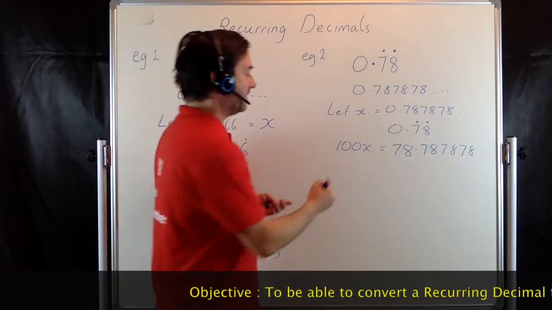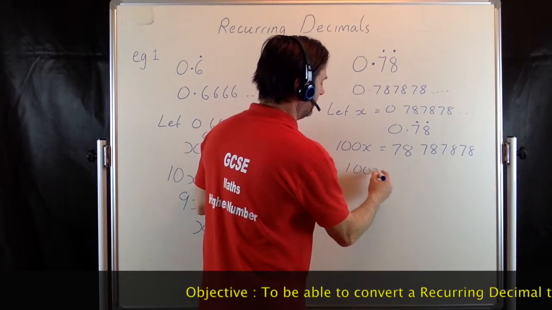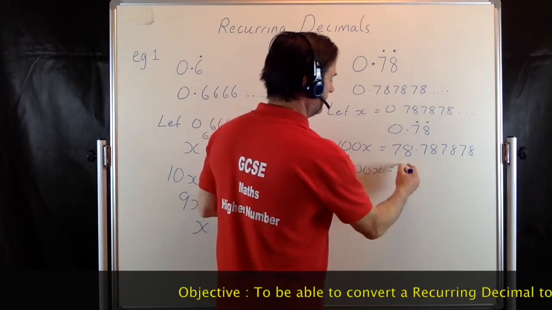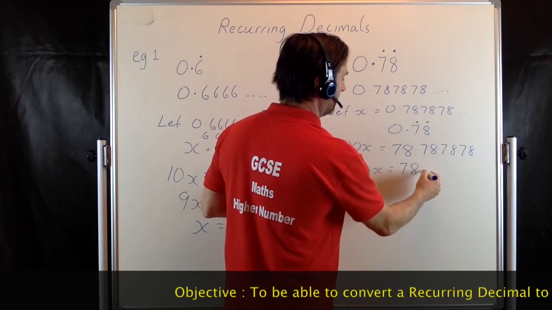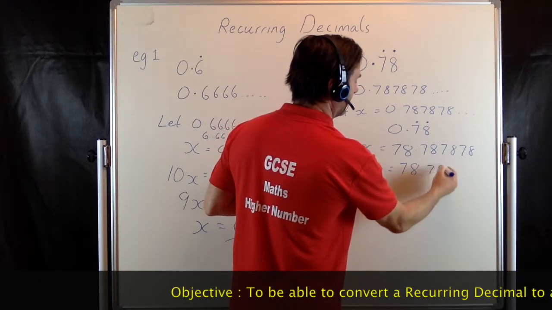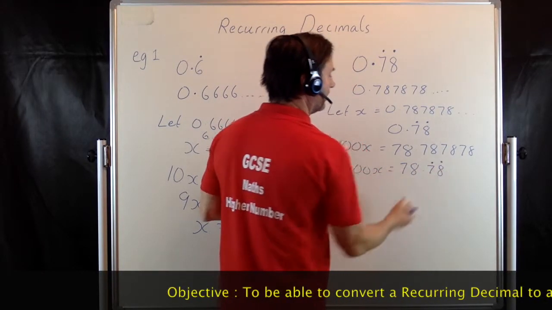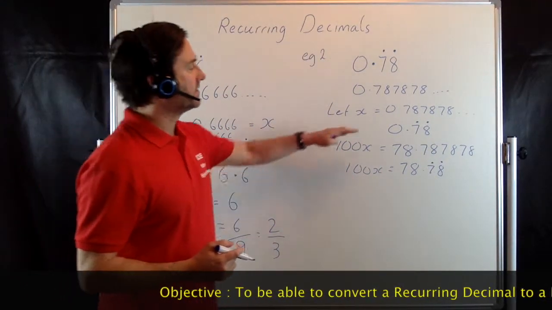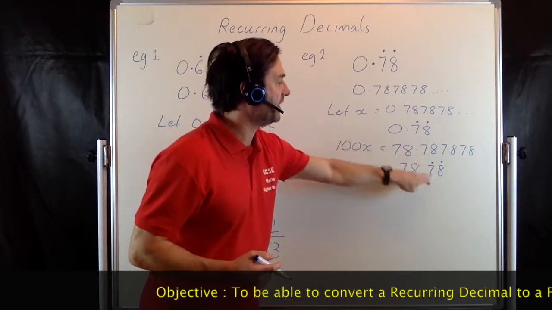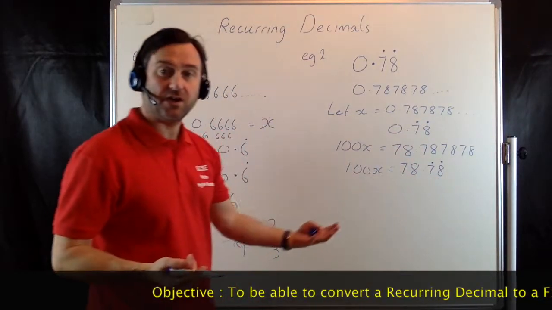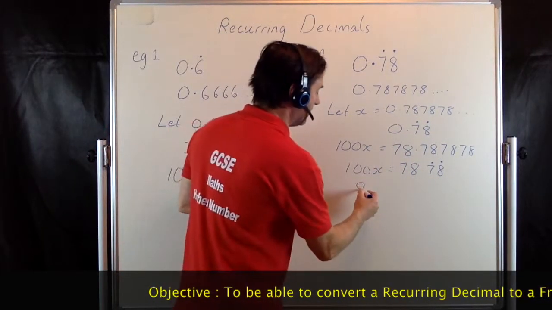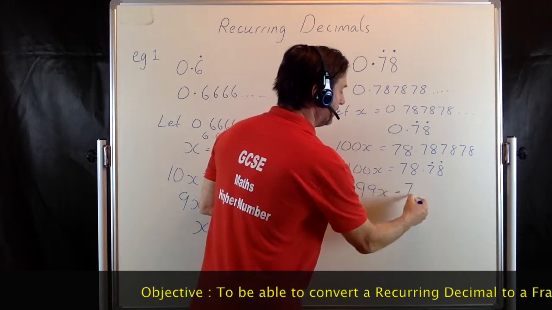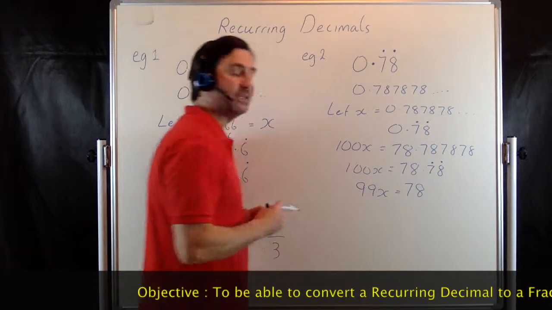And in the recurring sign, 100x is going to equal 78.78, all recurring. Now what I could do again is take my 1x away, the 0.78 recurring part, to leave me with 99x, and that's just going to equal 78.